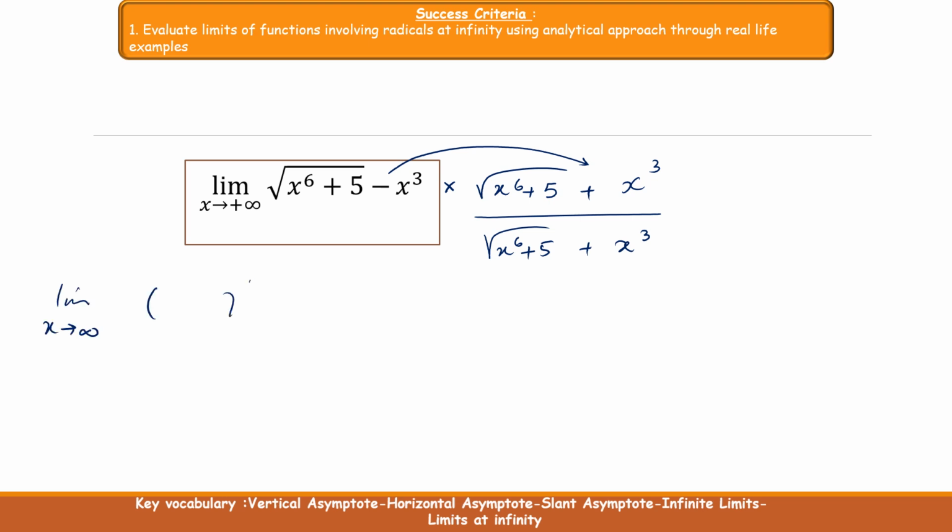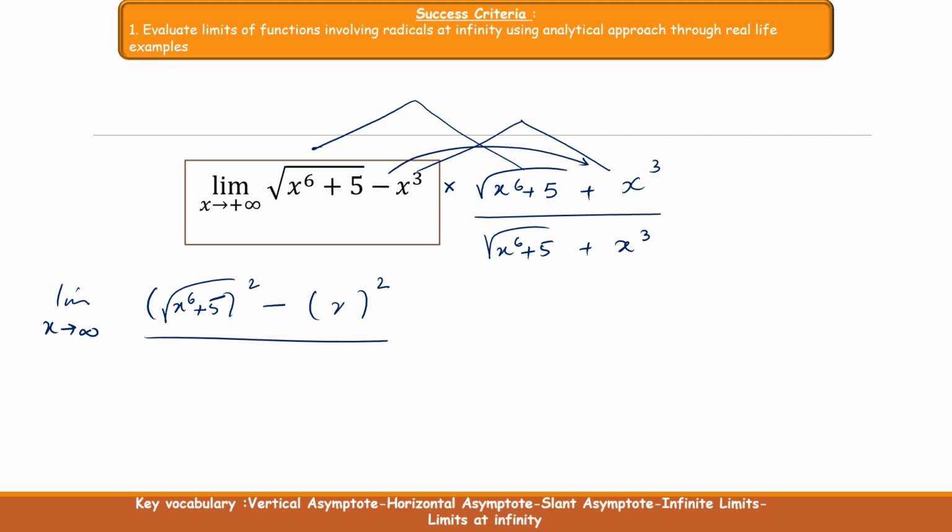So first term with the power 2 and second term with the power 2, because the first terms are the same and the second terms are the same. So first term is the square root of x power 6 plus 5. Second term is x cube. Now the denominator is written only one time, so no need to do anything, just write it down.